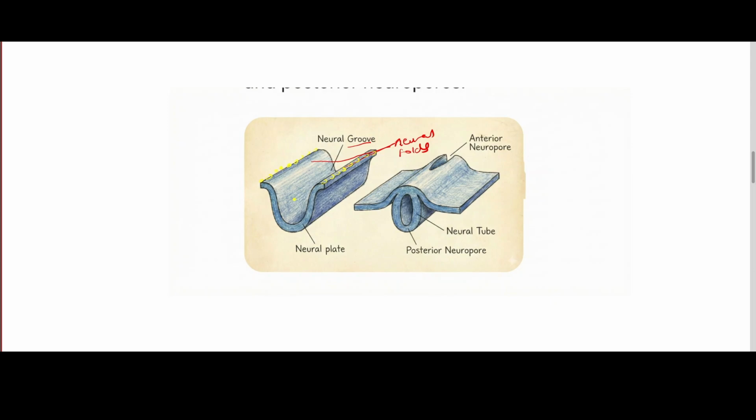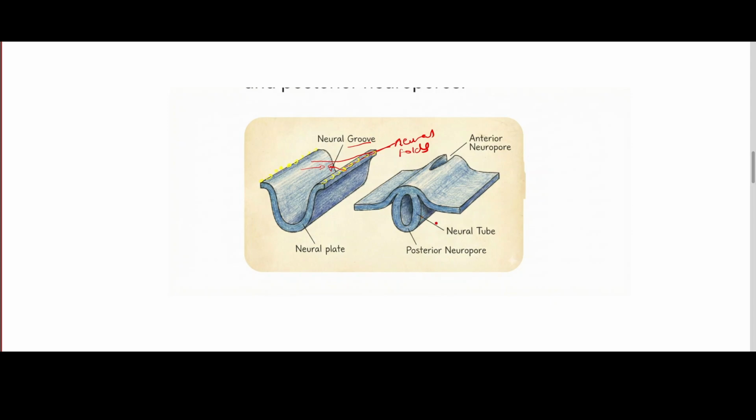Around day 22, the neural folds begin to move towards each other, and eventually they are going to fuse in the midline, converting the neural groove into a tube.